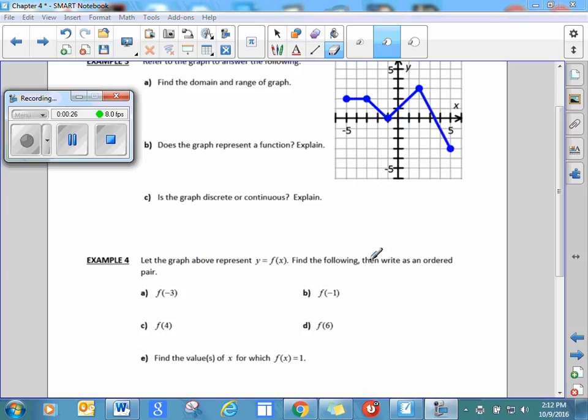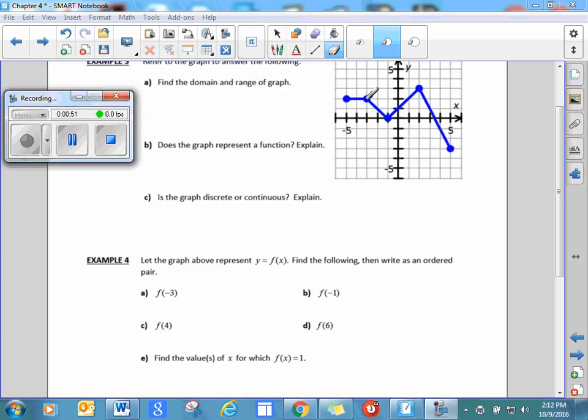They're asking you to give the Y value when the input values are these four specific points. So you're going to refer back to the graph up here. When x is -3, f of -3, we go 1, 2, we get to -3, and we look at where we are on the Y value for our ordered pair.